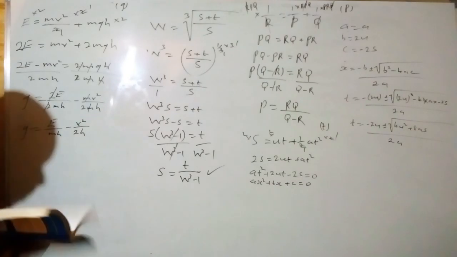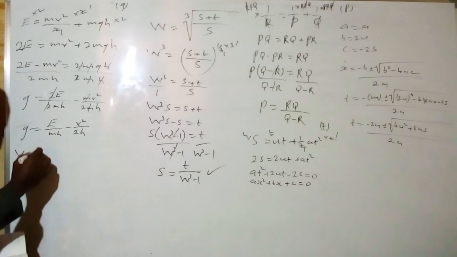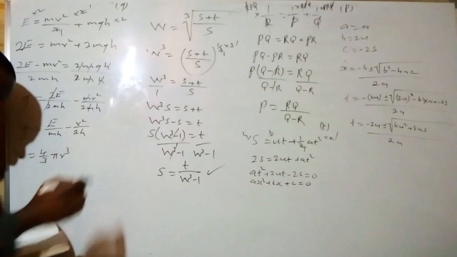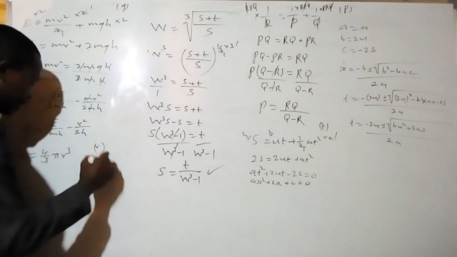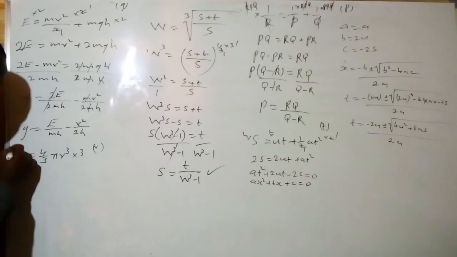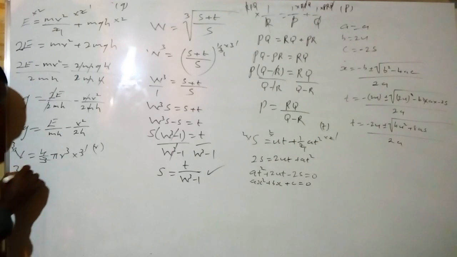Finally, V is equal to 4 over 3 pi r cubed. We make r the subject of the formula. We multiply by 3, the LCM, so that 3V is equal to 4 pi r cubed.